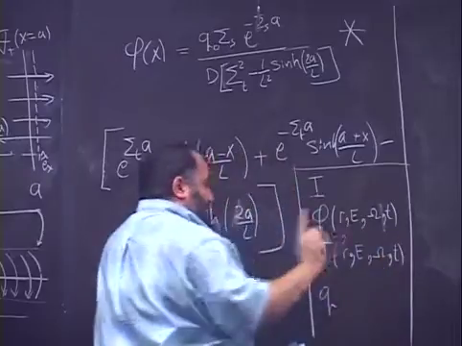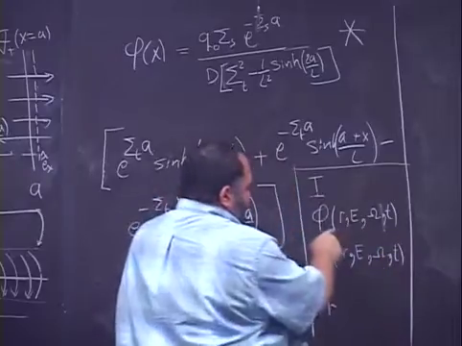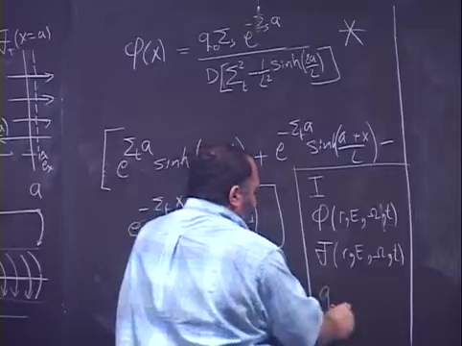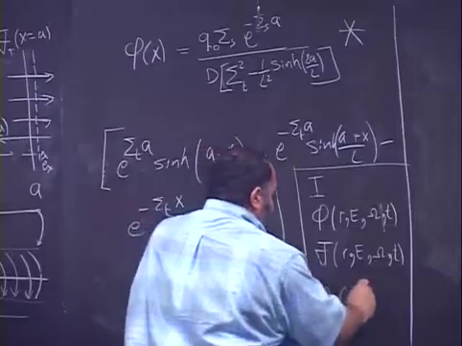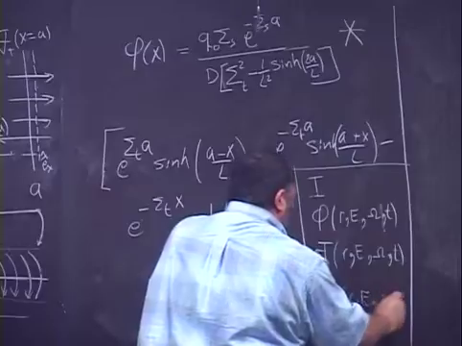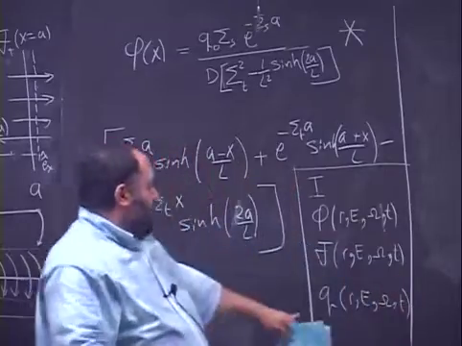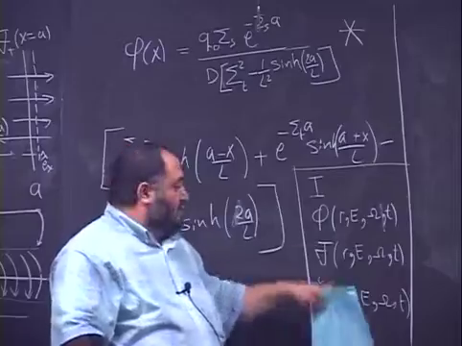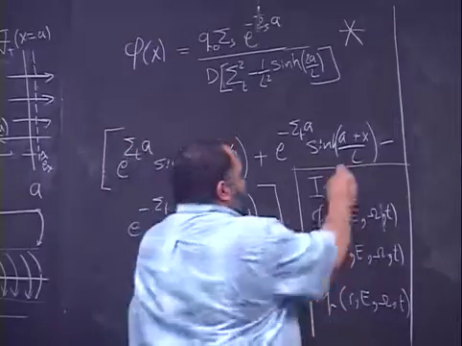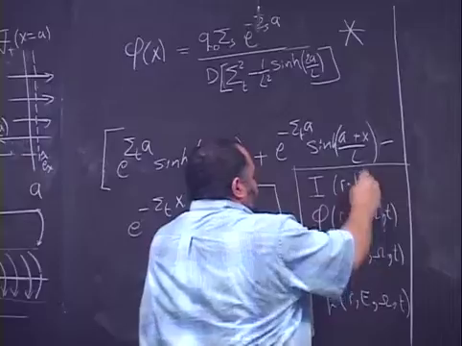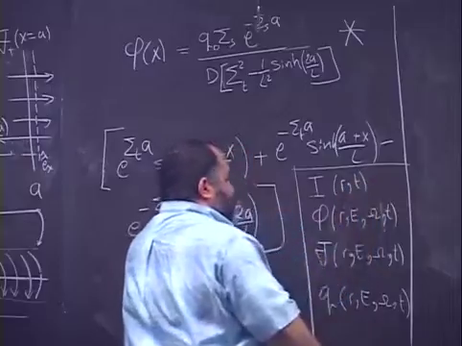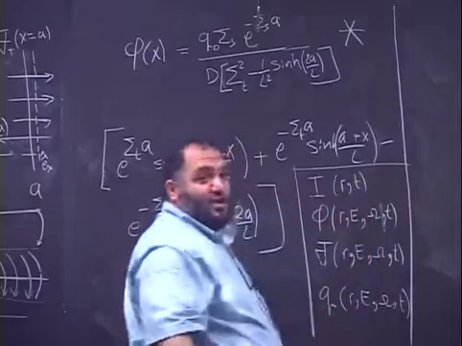Omega is the direction. Of course, this is a scalar quantity, and this is a vector quantity. And this is r, E, omega, t. And this is per centimeter cubed. So everything here is per centimeter squared per second, here per centimeter cubed per second.